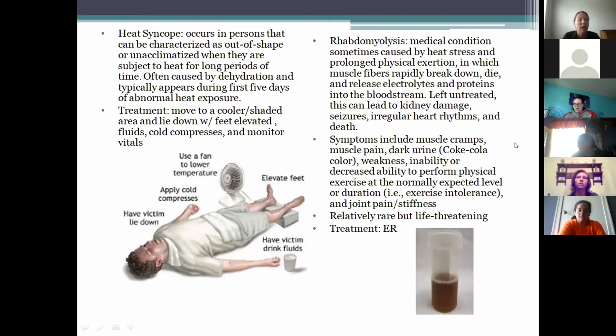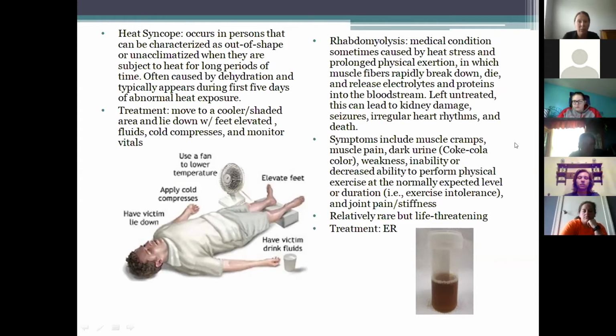If they deteriorate, then we want to seek medical attention for them. Maybe get them to your school's athletic trainer, contact your health center, or refer them to an urgent care center if nearby.